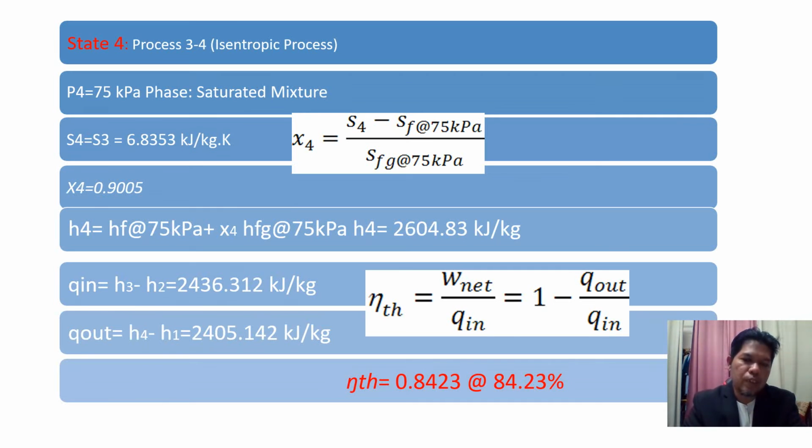The enthalpy H4 is 2604.83 kilojoule per kilogram.